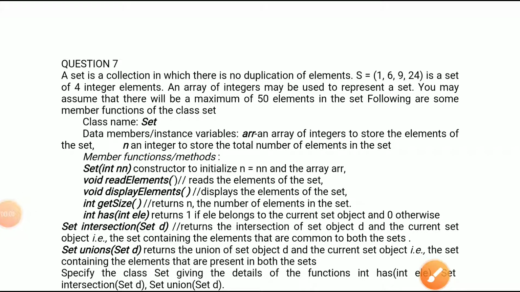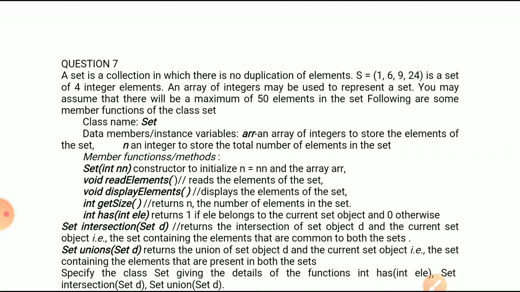Hello and welcome. In this video, we will learn about arrays, a very important operation: finding the intersection and the union of two arrays. Consider the given array as a set, which means an array does not have any repeated elements.